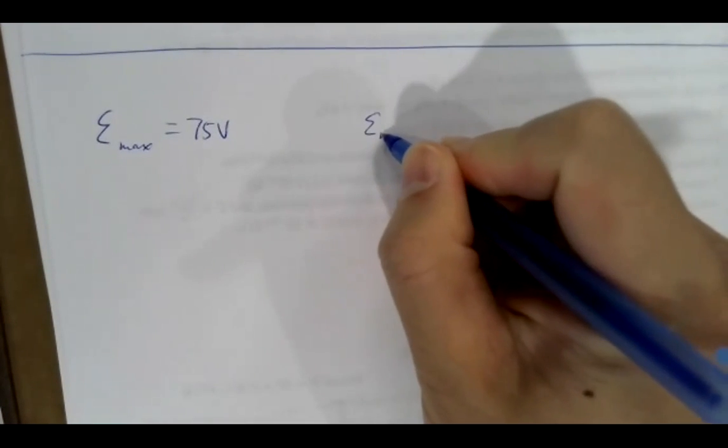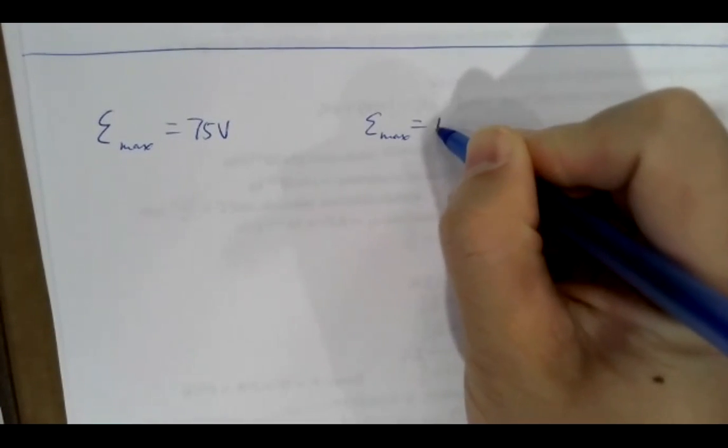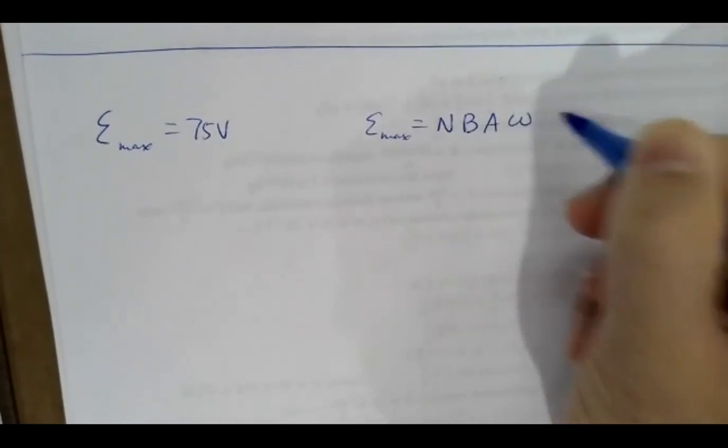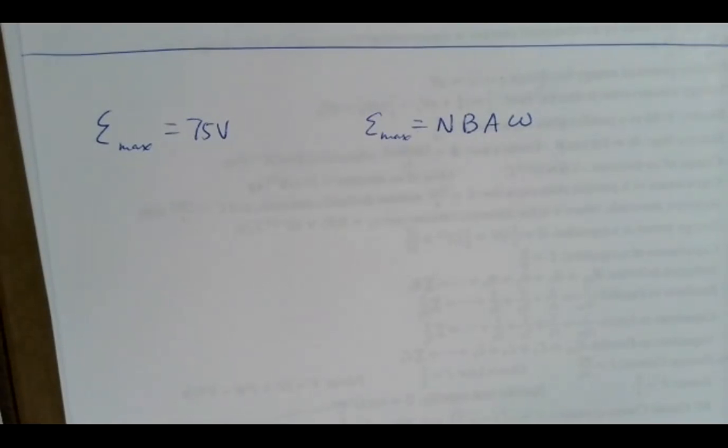Now, maximum induced EMF should be equal to the number of coils times the B field times the area times the angular frequency, which is also the same as the angular speed.